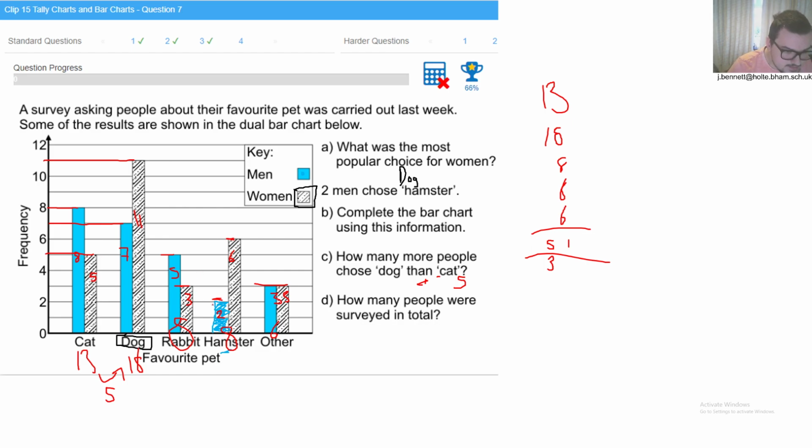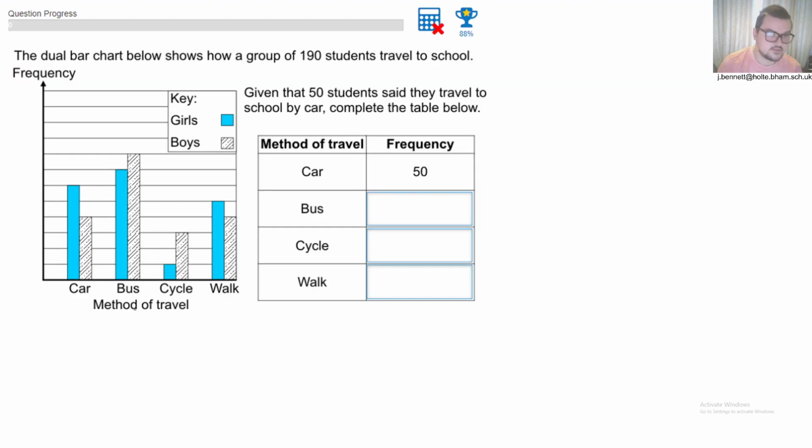So we have 13, 18, 8, 8, and 6. 8, 5, 7, 11, 5, 3, yeah, so we have 51. Which is a bit odd, because normally these kind of things rounded out at 50, but yeah, this is 51. Okay, so there is our answer. Our answer is 51, and let's go to the next bit.